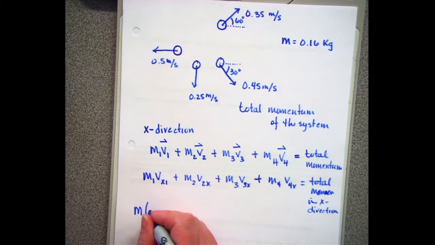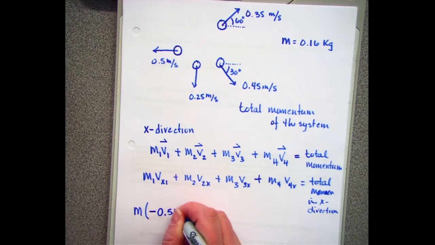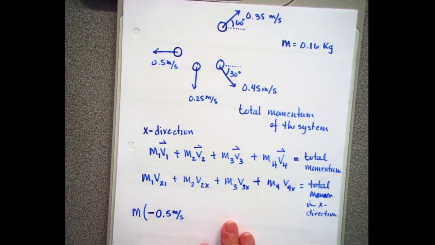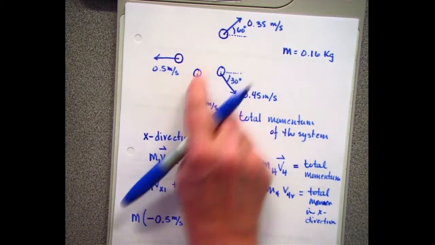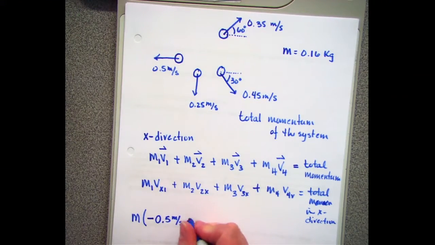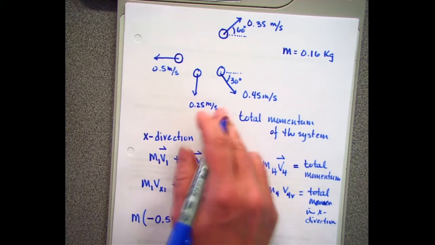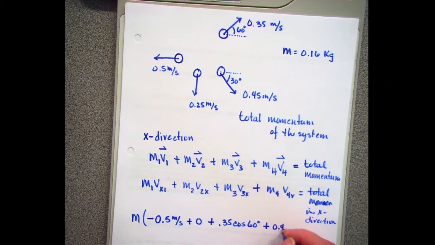In that one, I have to keep track of my direction. So I've got 0.5 meters per second in the X direction. This one has none in the X direction, so I've got a 0 there. I've got this one, which is going to be my 0.35 cosine 60 degrees, and this one, which is going to be my 0.45 cosine of 30 degrees.